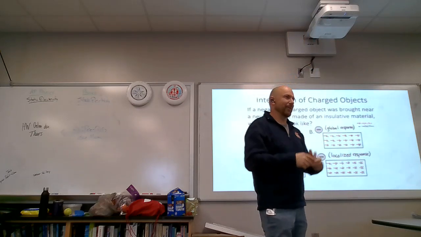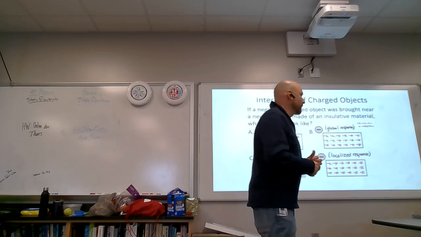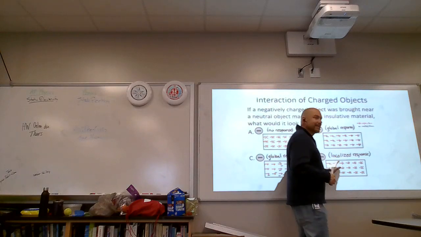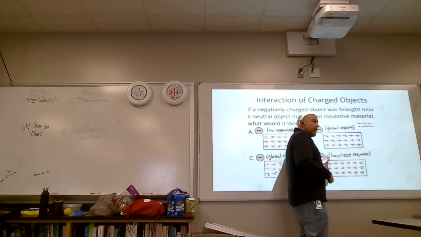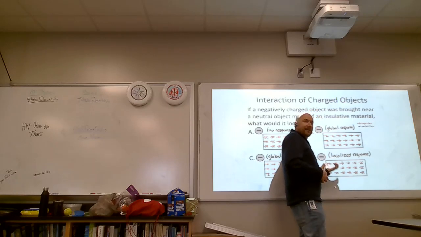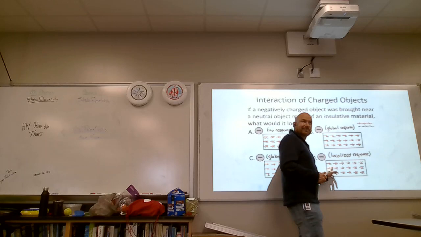But they're bound to the molecule. That response weakens as you go away from the negatively charged bowling ball. It's kind of like, oh man, that sucks. Their house burnt down. Glad it's not mine. And life goes on.